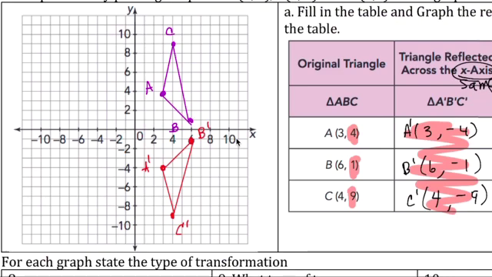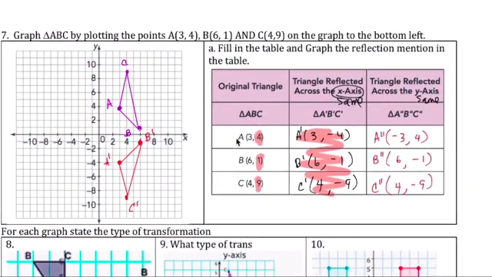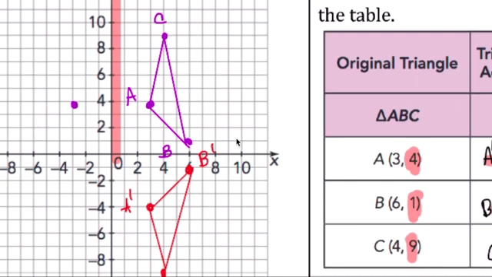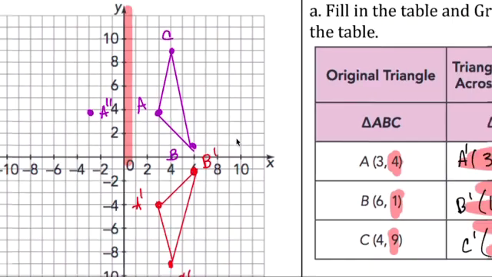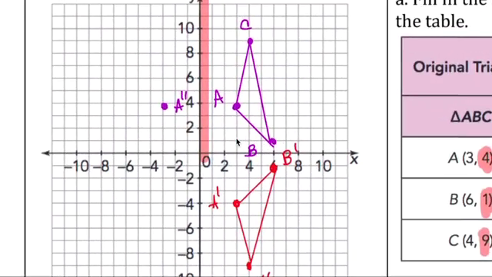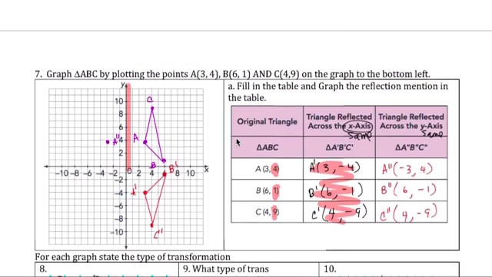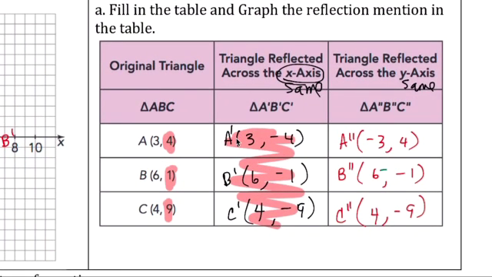All right, and then to do the double primes, negative 3, 4, it's going to go over this y line, on this side, negative 3, 4, right there, that's A double prime, let me use another color, and then 6, negative 1, negative 6.